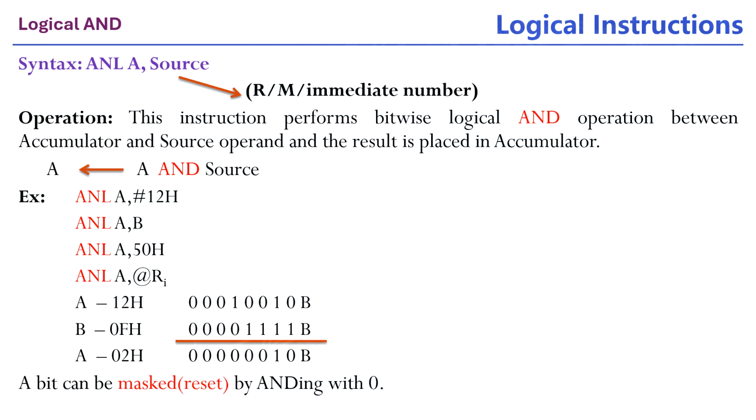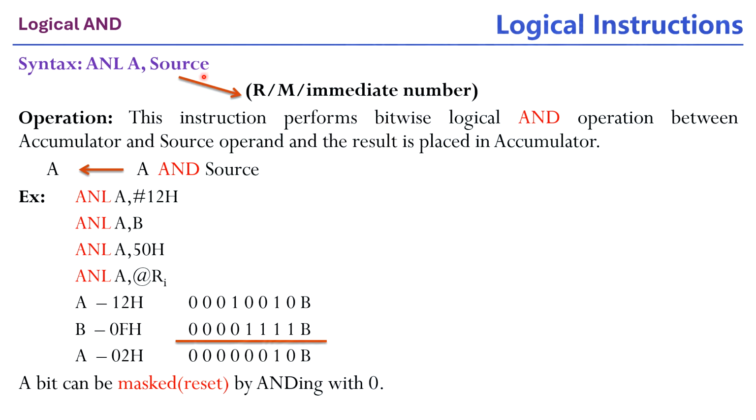Just wait, and we can move to the next slide. We take the important one, logical AND. The syntax of this instruction is ANL A, source. Source can be a register, memory, or an immediate number; anything we can put here.